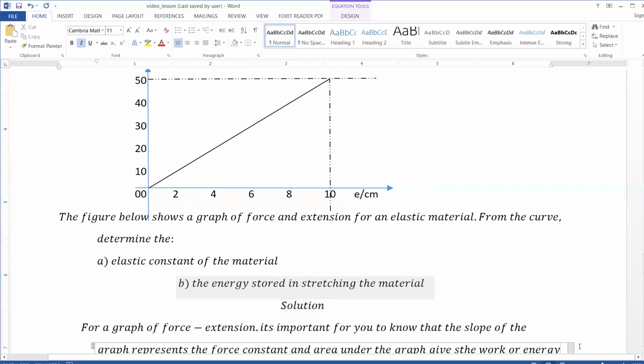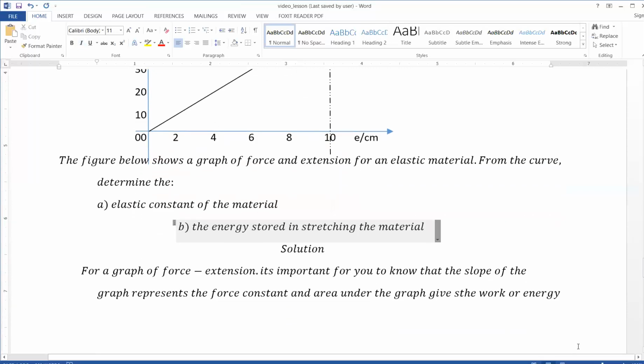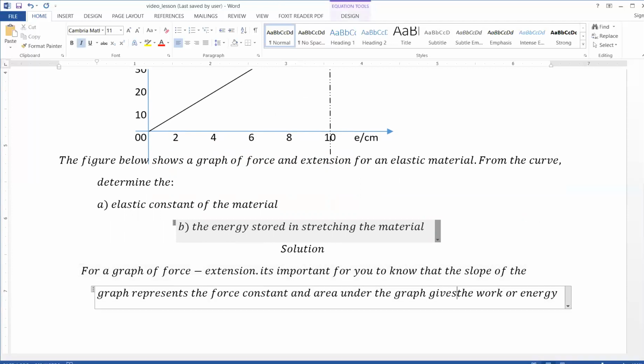So this principle, you need to remember: for me to get my force constant, I determine the slope, and for me to get the work done or the energy, I determine the area under the graph.